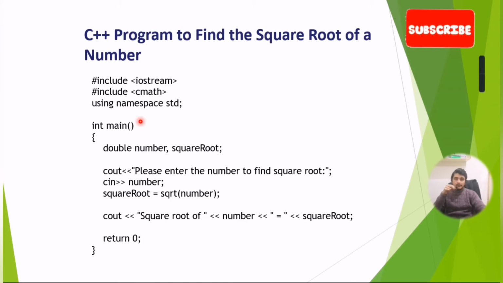Then using namespace std; int main, double number and squareRoot, we define these two variables. cout: please enter a number to find a square root. cin >> number; squareRoot = sqrt(number). We are using this sqrt, assigning the square root of that particular number to squareRoot. So here it will perform the square root function.